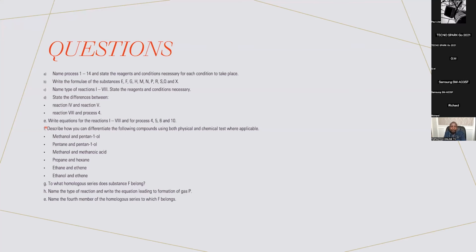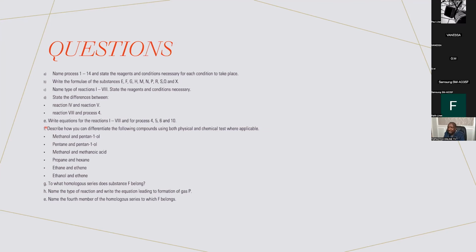Between ethene and ethane, you are supposed to say bubble each of the gases separately through acidified potassium manganate 7. In ethene, it will change from purple to colorless. Then in ethane, it will not change.